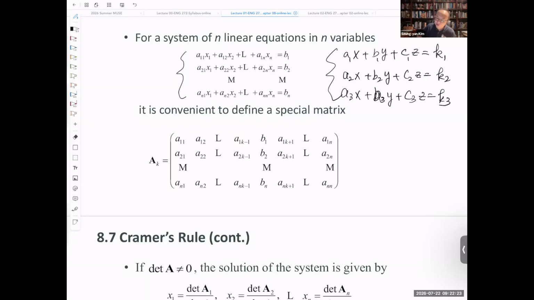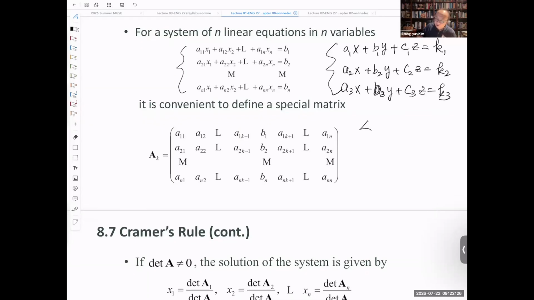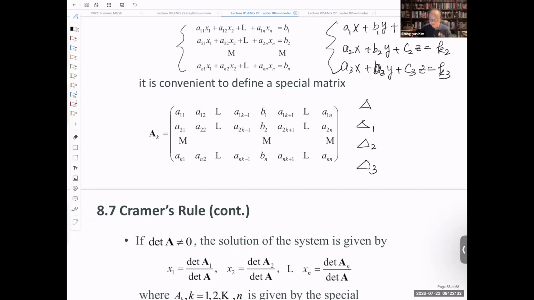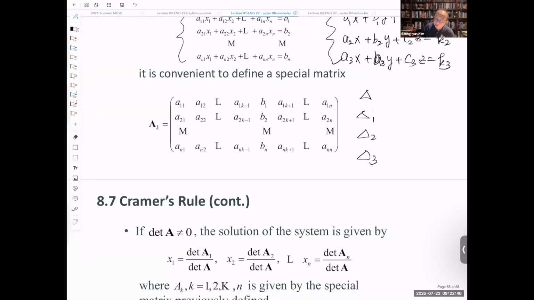What you need to find is delta, delta 1, delta 2, and delta 3. You know how to find the delta, right? Take the coefficients of x, y, and z, copy down the top 2 rows, and multiply the diagonal way. I'll show you how to find delta 1, delta 2, and delta 3.